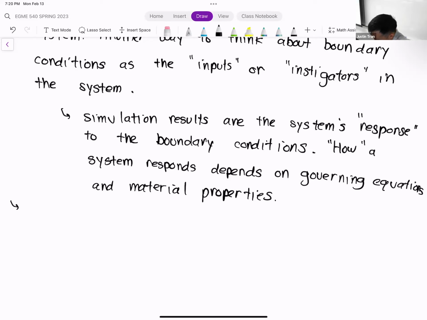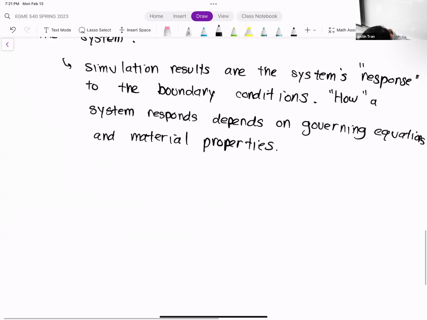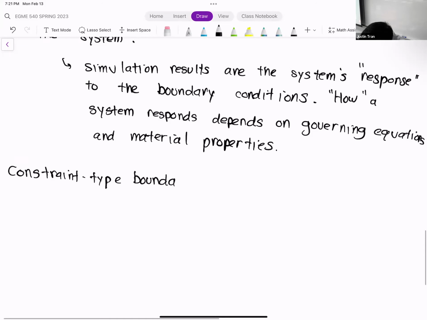Okay. All right, so let's talk about constraint type boundary conditions first. Another name for constraint type boundary conditions is Dirichlet boundary conditions.